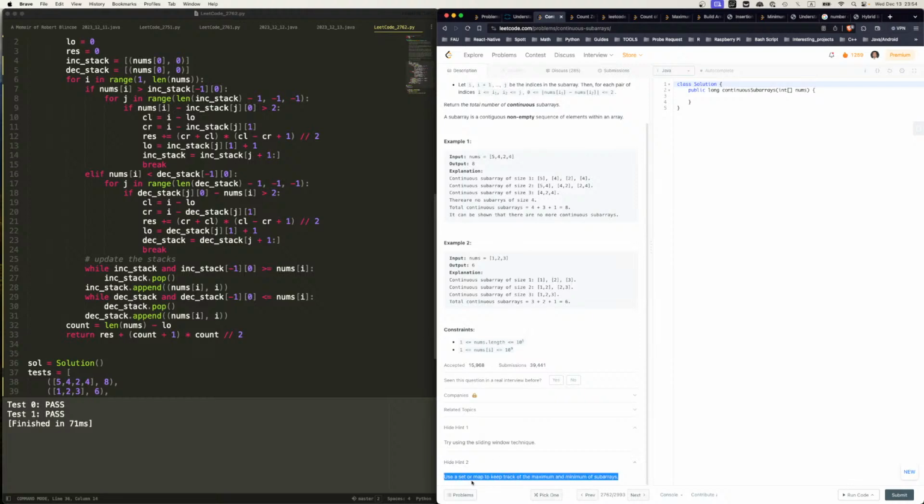Oh, this says to use a set or map to keep track of the max and the min of subarrays. We don't need to do that. I like the other method, right? So every time, you keep the range. You have the min and max. Each time a value outside the range comes in, the outside value will definitely determine one of the min or the max.